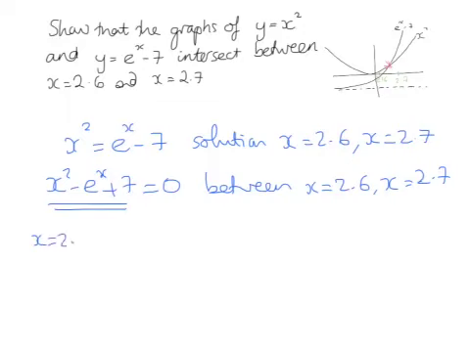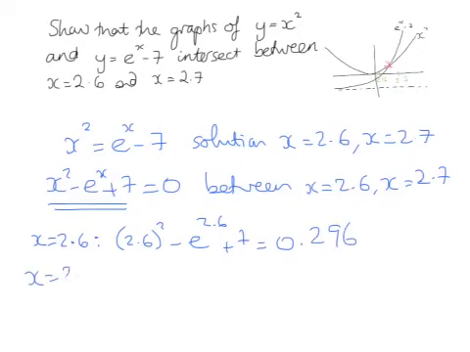At x is 2.6, I've got 2.6 squared minus e to the 2.6 plus 7, and that comes out to be 0.296. And then at x is 2.7, well, 2.7 squared minus e to the 2.7 plus 7 comes out to be minus 0.590.